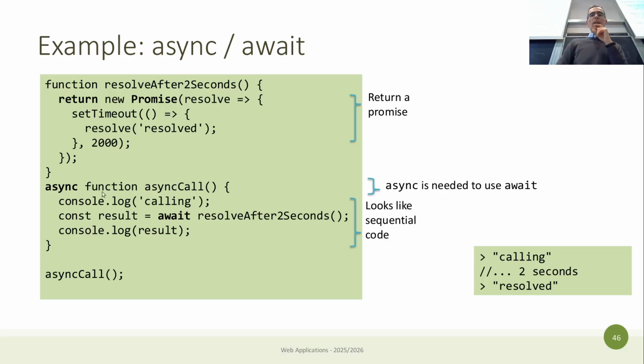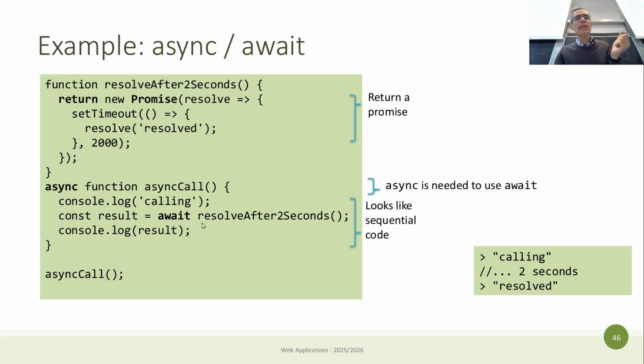And then we define a function, async call, where we do some console log, okay? But we use await to wait for the promise to be solved. The promise returned by resolve after 2 seconds, okay? So this function does not need to be defined as async function resolve, etc. It can simply return a promise.